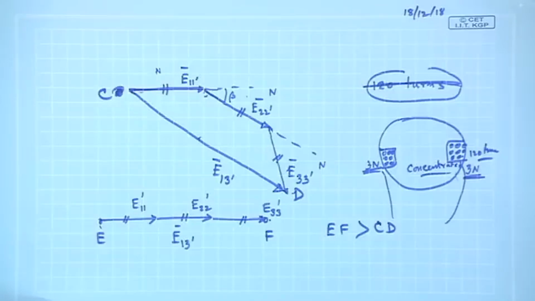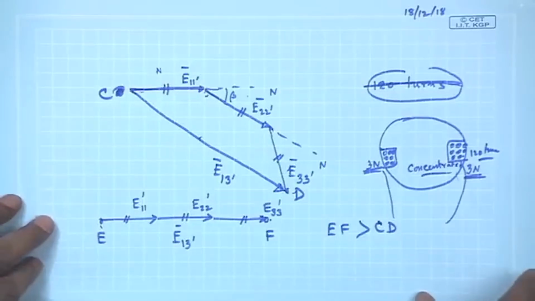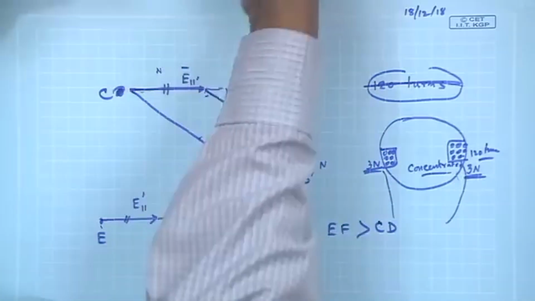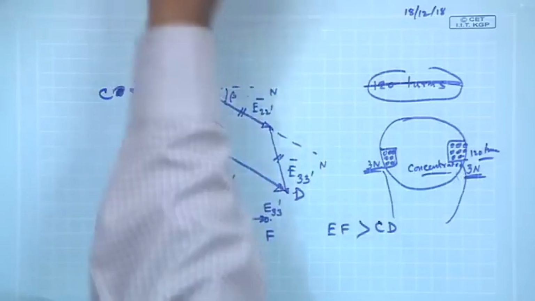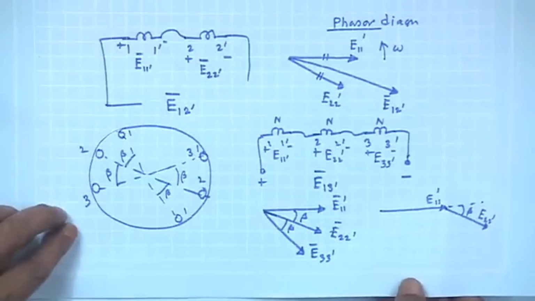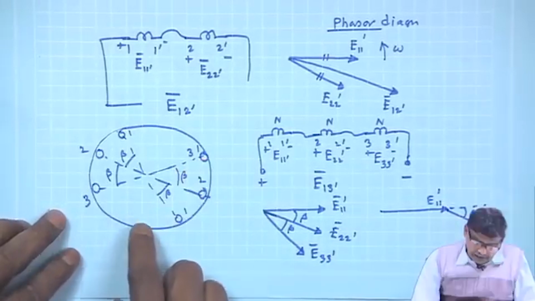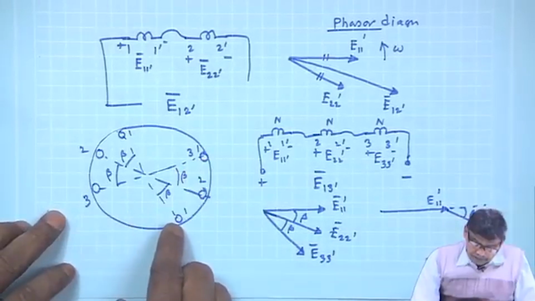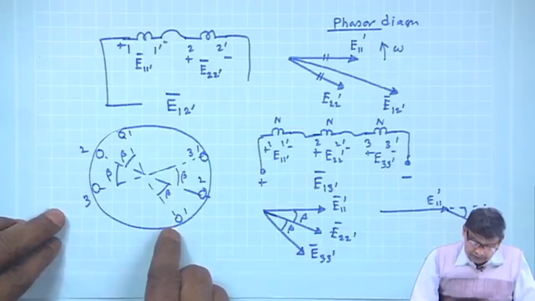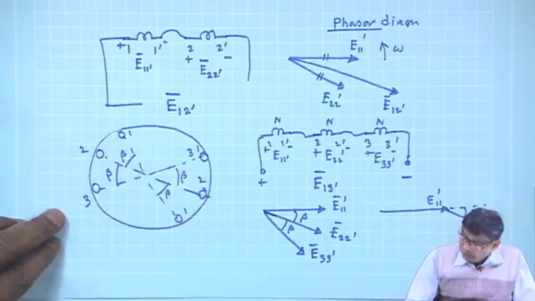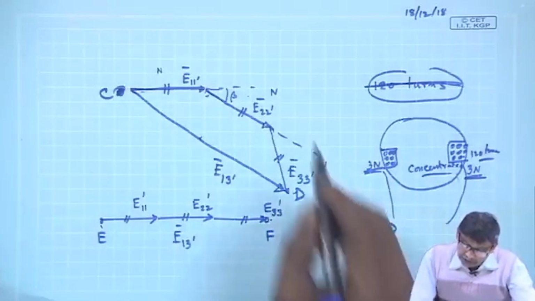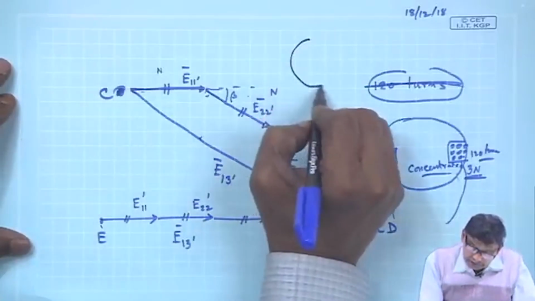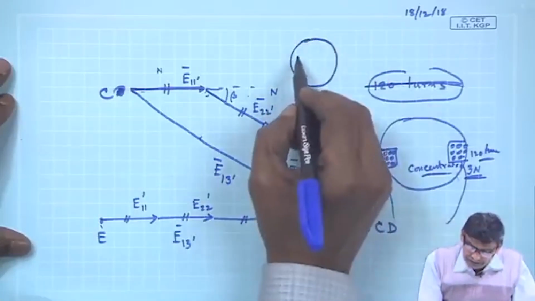If there are 3 coils, each one having n turns, the coils are distributed in this way in a simplified diagram like this.